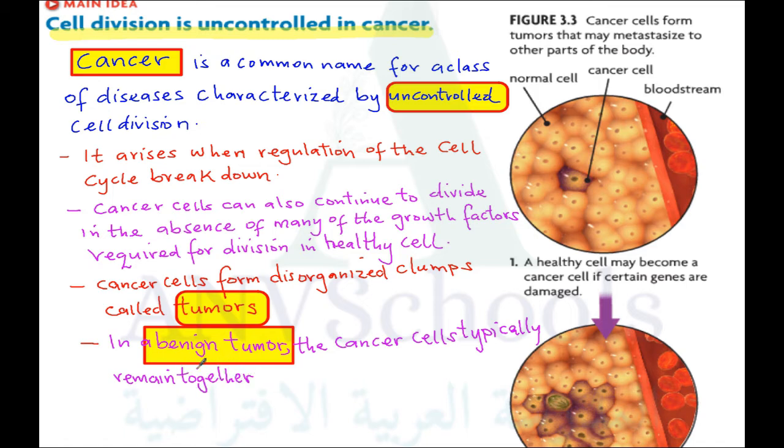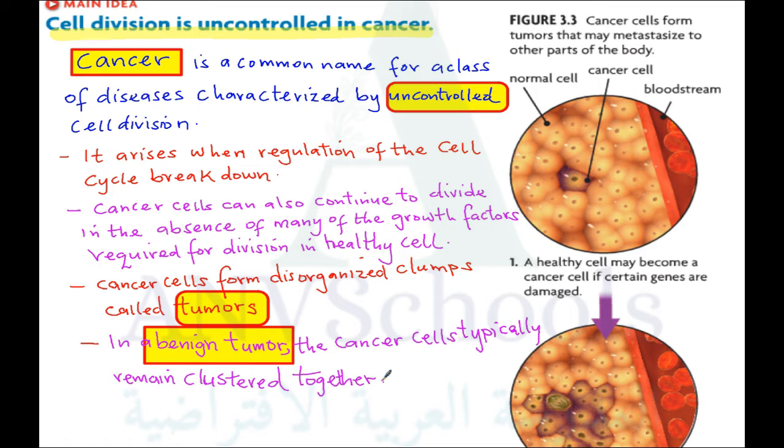So let's add clustered here. Because they remain clustered together, they can be eliminated or removed easily. So this means the tumor may be relatively harmless and can probably be cured by just removing it.